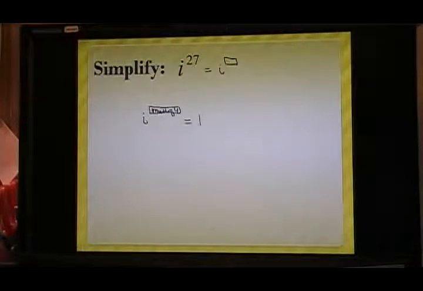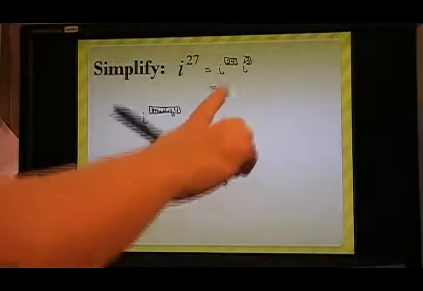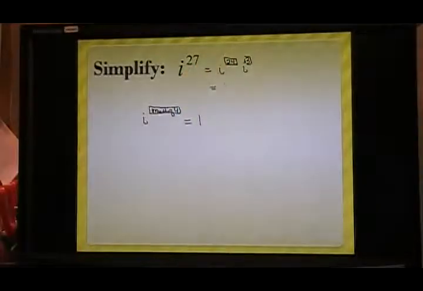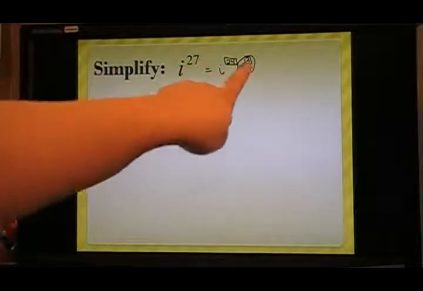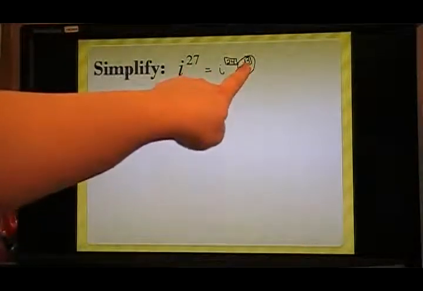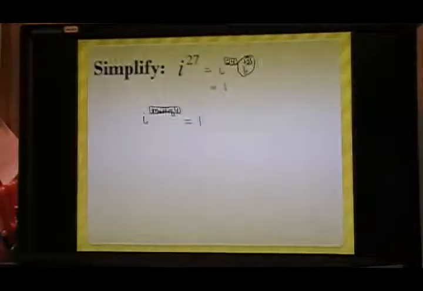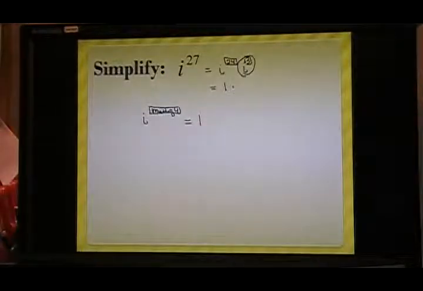That number would be 24. So if I break this into i to the 24th times i to the 3rd, I know that i to the 24th is just going to be 1. And if this is the closest multiple of 4, then what you'll have here is either i to the 1st, i to the 2nd, or i to the 3rd, which we know how to simplify. i to the 3rd is -i, and so i to the 27th is just -i.